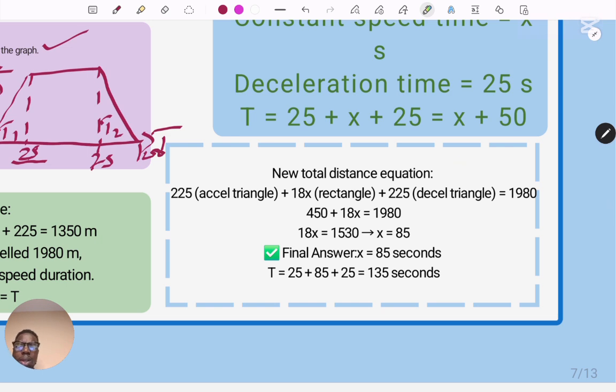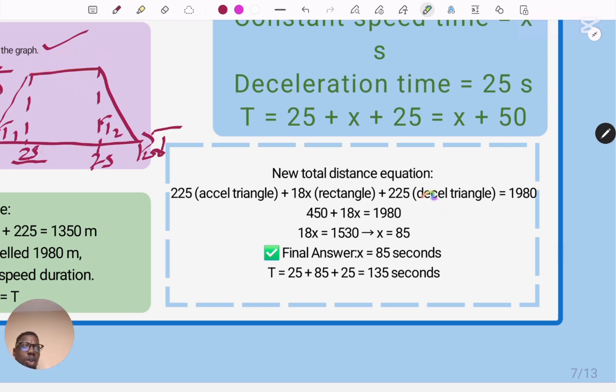We can now calculate that 225 is the total distance for the first part of the journey, which is known. For the rectangle, the height is 18, which is the speed, and it doesn't change. The height times x, that is the time, which is the horizontal. It's no longer going to be 50 as before; it's now going to be extended.